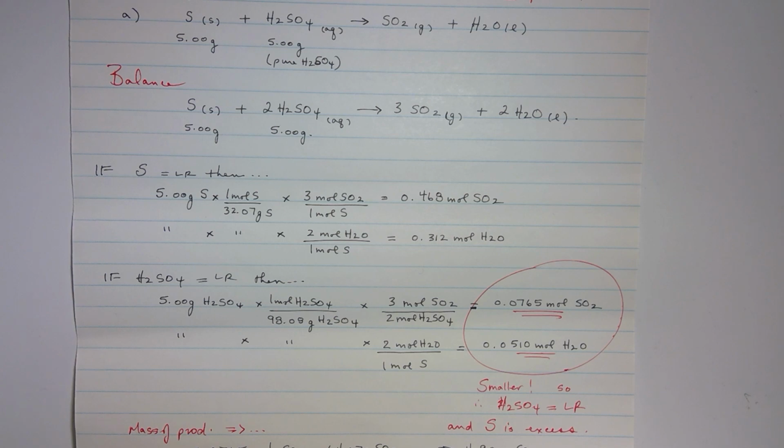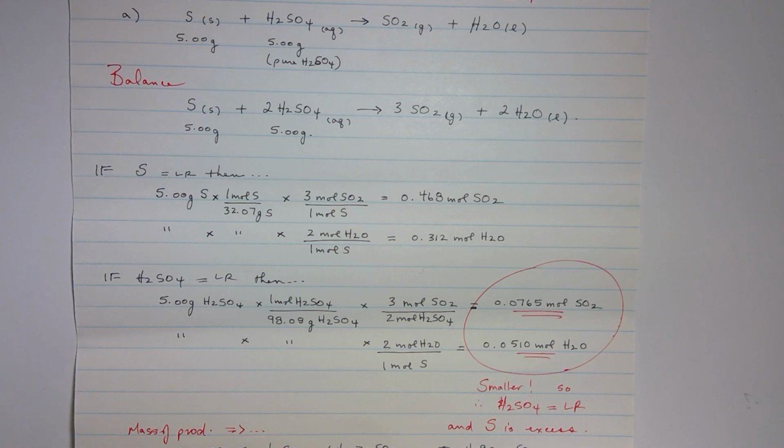Then we select the reactant that produces the lesser amount of product as the limiting reagent. Think about why that makes sense. If it is the reactant that runs out first, and the other one is in excess, and you're using that reactant to determine how much product, wouldn't it make sense that the one that is there in the least amount according to the reaction is going to produce the least amount of product?